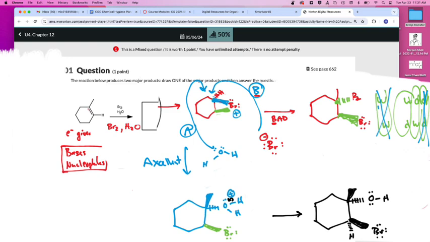Which means if we look at this bad, I need to fix that. This bad versus, it was a good suggestion, versus awesome potential reaction, how do we differentiate that? Bromide is the better nucleophile, but its concentration is so low that water outcompetes it.